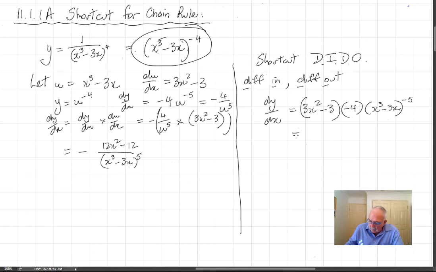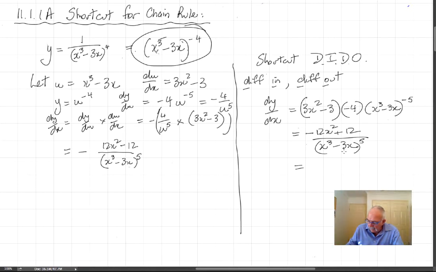And then when we multiply the -4 times that, we get -12x squared plus 12. And then this to the -5 is downstairs to the positive. And that's probably as far as you need to go.